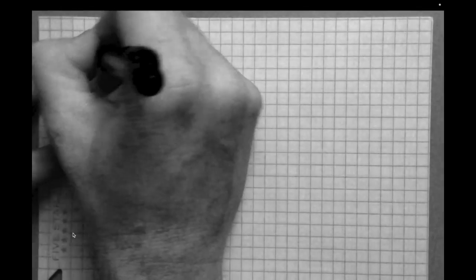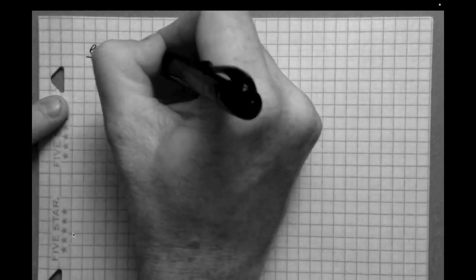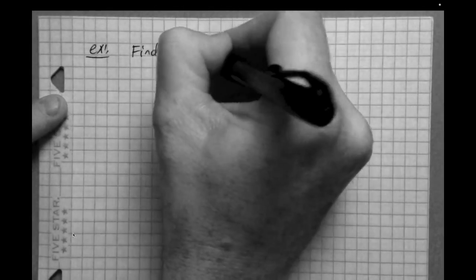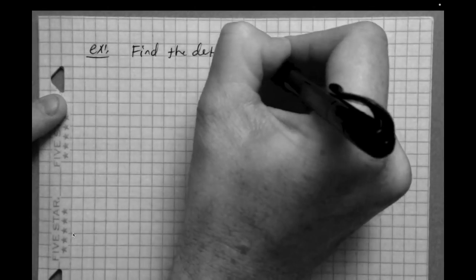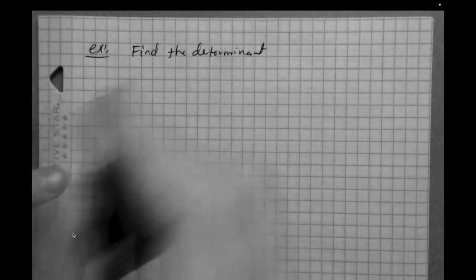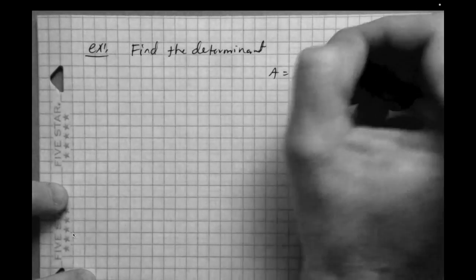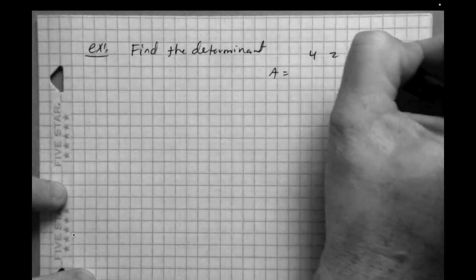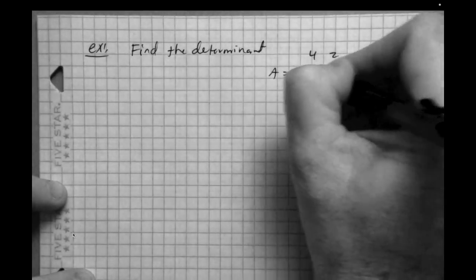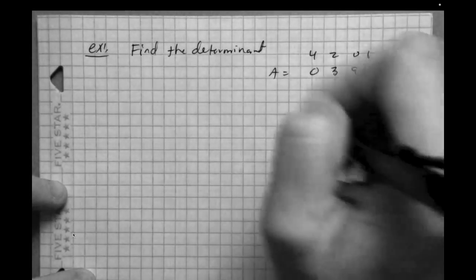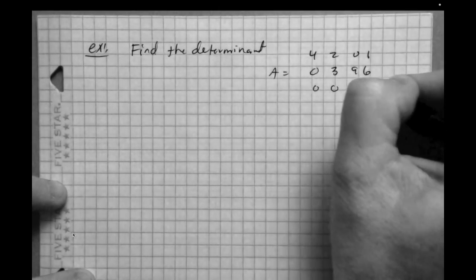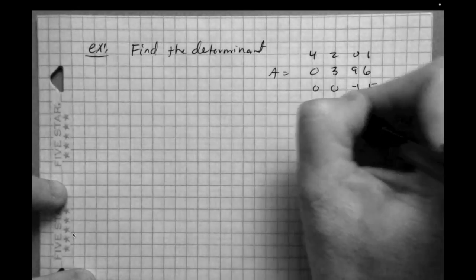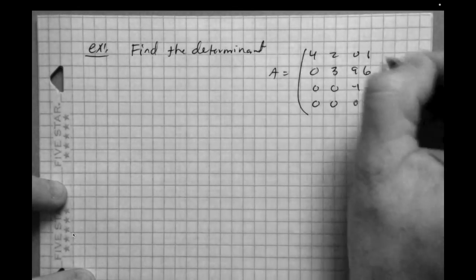All right, so let's do an example real quick. We've done examples already, but let's make sure we're clear on this. Find the determinant of A equals the matrix with rows 4, 2, 0, 1; 0, 3, 9, 6; 0, 0, −1, 5; 0, 0, 0, 7.